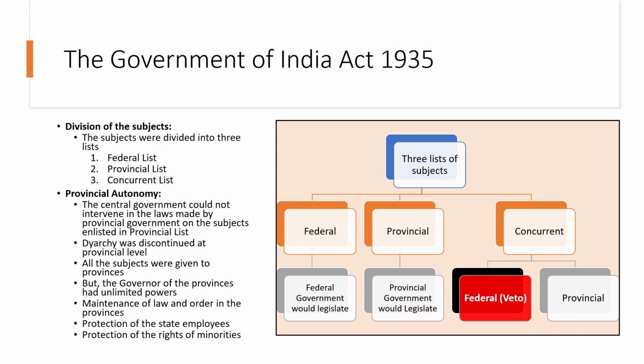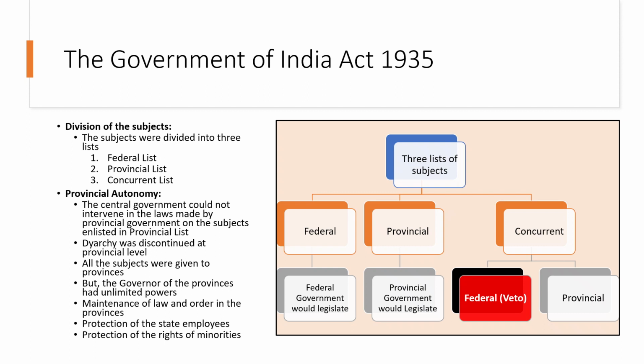We have started this. Now, how does the Government of India Act divide the subjects among federal government and provincial government? Well, three lists were presented. The subjects were divided into three lists. First, it was the federal list that was given to the federal government, then the provincial list that enlisted all the subjects that were given to provinces.